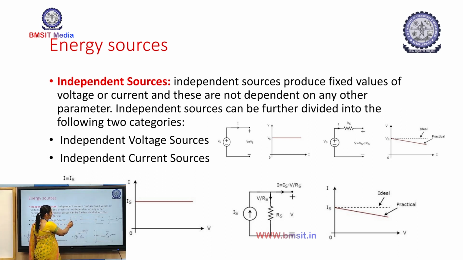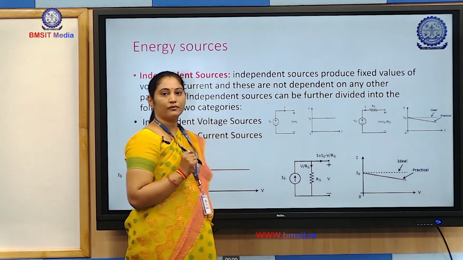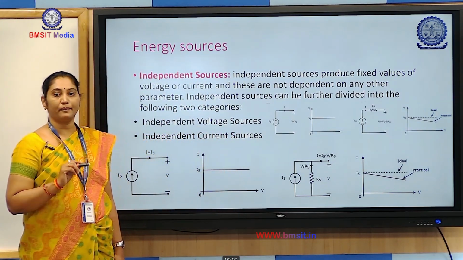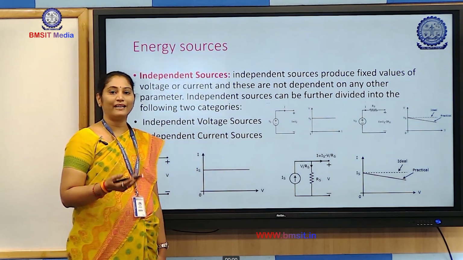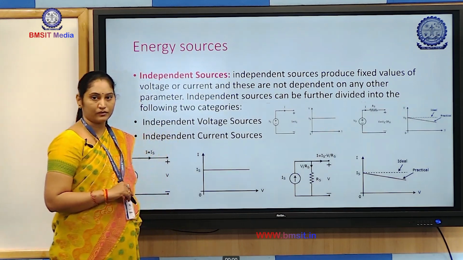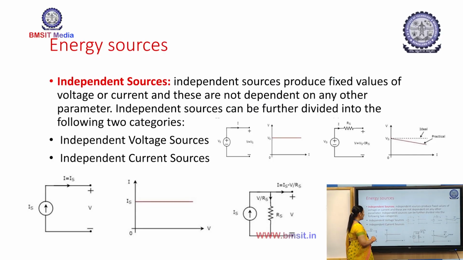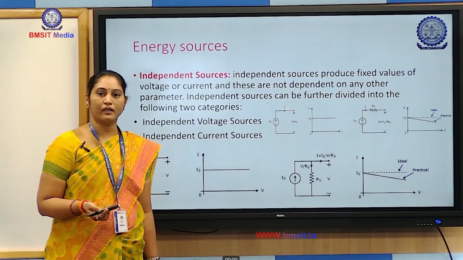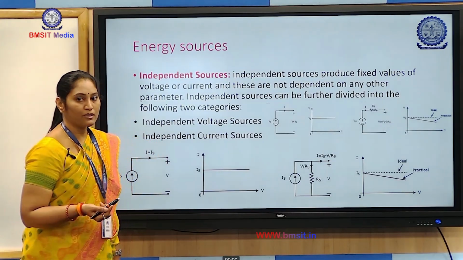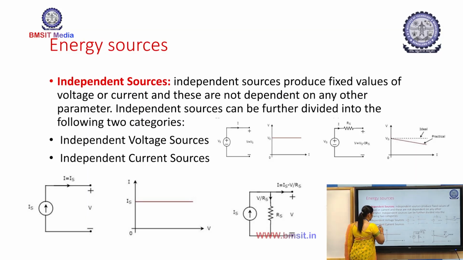So the source Vs will give you only a fixed value. This type of source we call an independent source, which is independent of the element connected to the terminal of the source. We find two types of independent source depending on what it is offering: independent voltage source and independent current source.